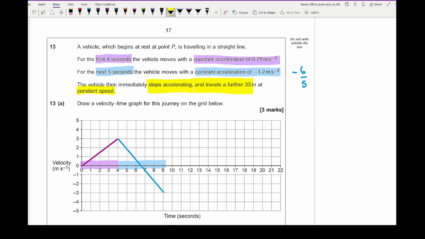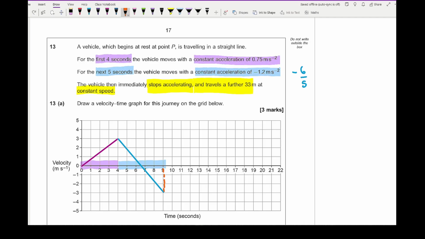So that means we're going to draw a horizontal line to take the 33 metre distance, and what we need to find is how to get 33 metres from an area, because area is the same as the distance.